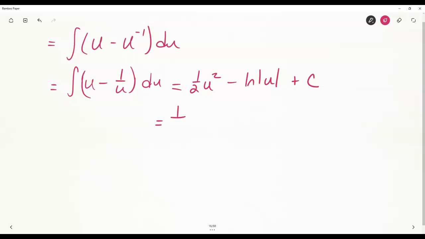So the answer to this problem is 1/2 secant squared of x minus the natural log of the absolute value of the secant of x plus your constant. That's it. Any questions?